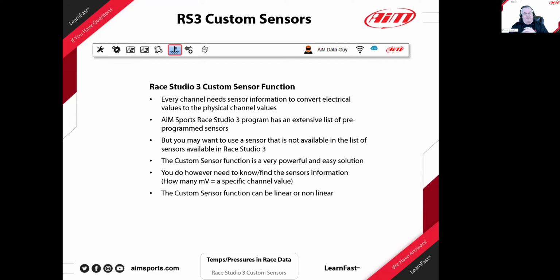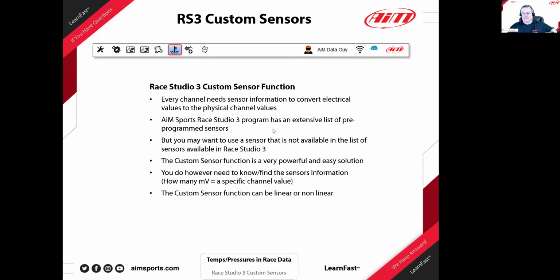In the end, your data logger needs to know 0 to 5 volts, and then inside of Race Studio 3, we convert that right back to the physical unit that you're after, right? So all of this information needs to be stored so the hardware and the software can do their thing, and get to what you care about, which is your oil pressure is 0 to 100 psi, and you need to know where it is every 20 samples per second, right?